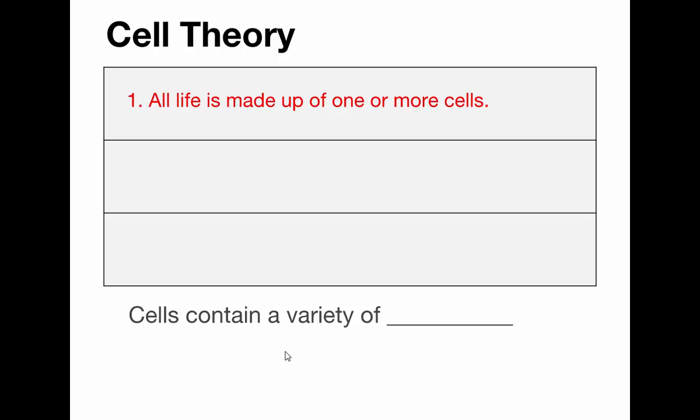Anything that is alive. The second part says that cells are the smallest form of life. There are some organisms which are just one single cell.